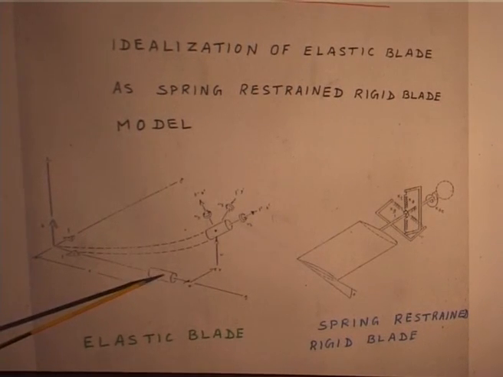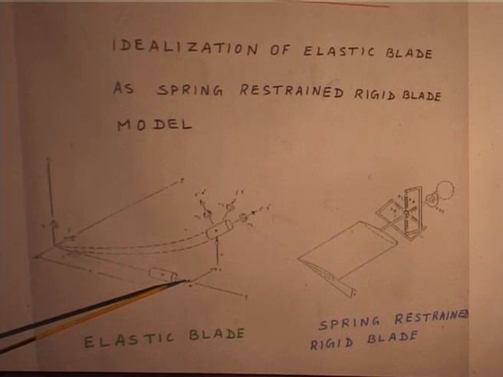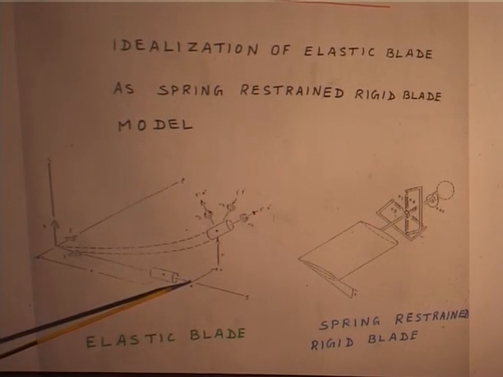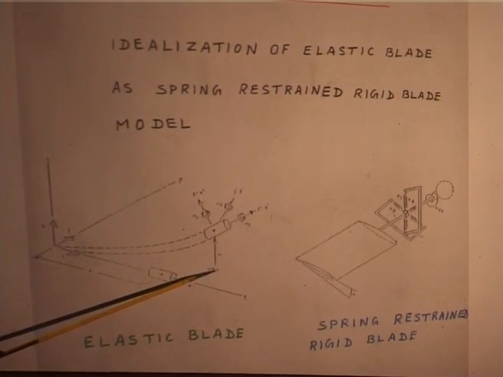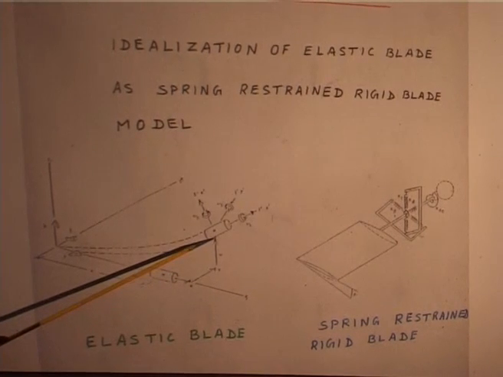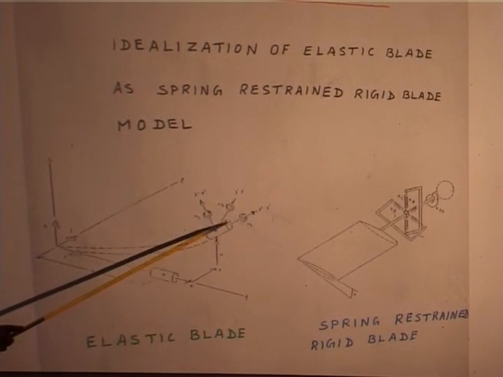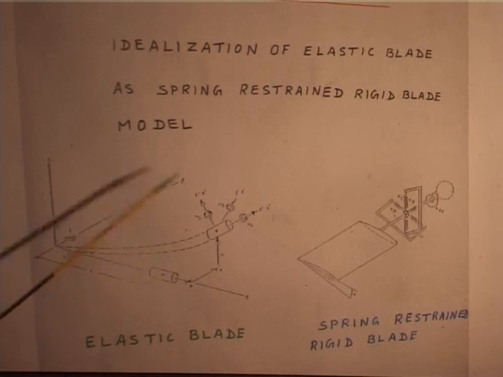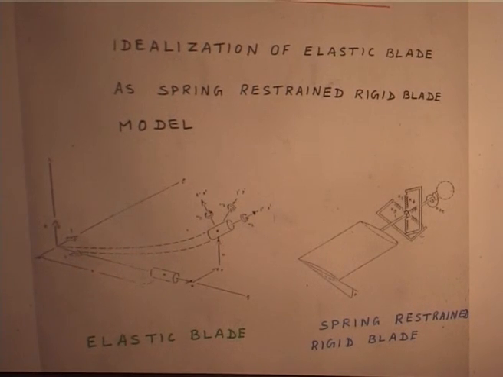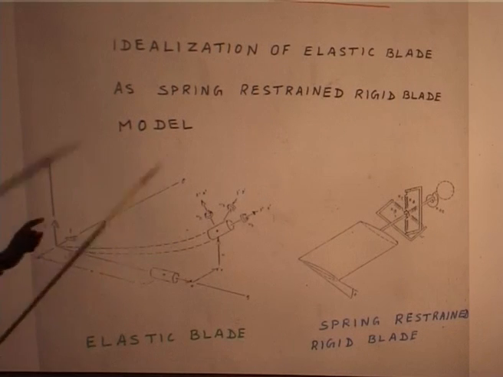This element can have an axial deformation U, a lead lag deformation V, a flap deformation W, and then it can have 3 rotations. Okay.